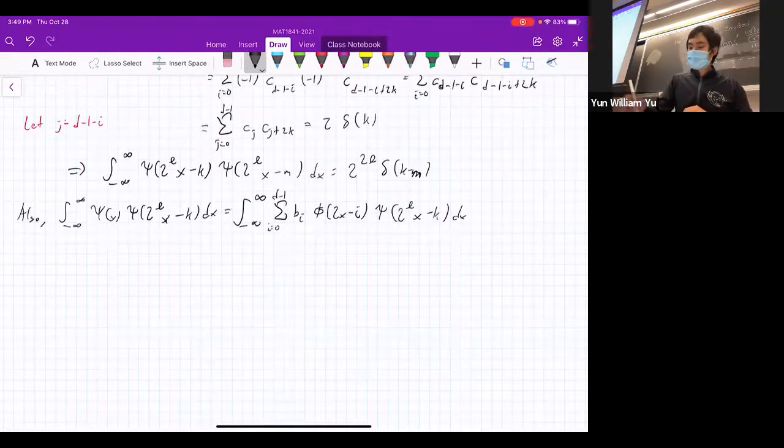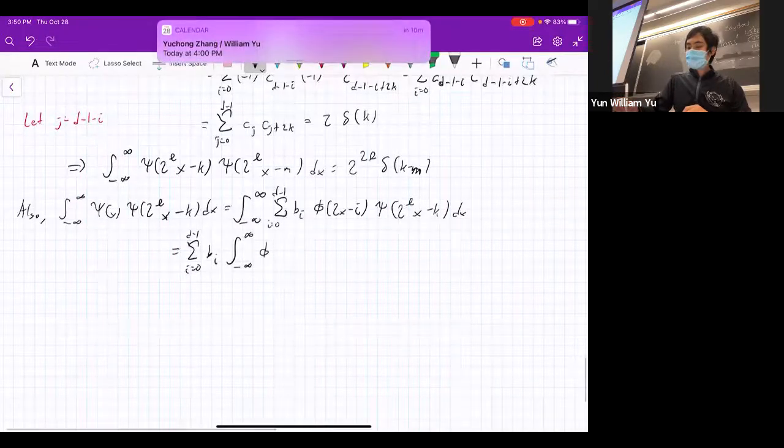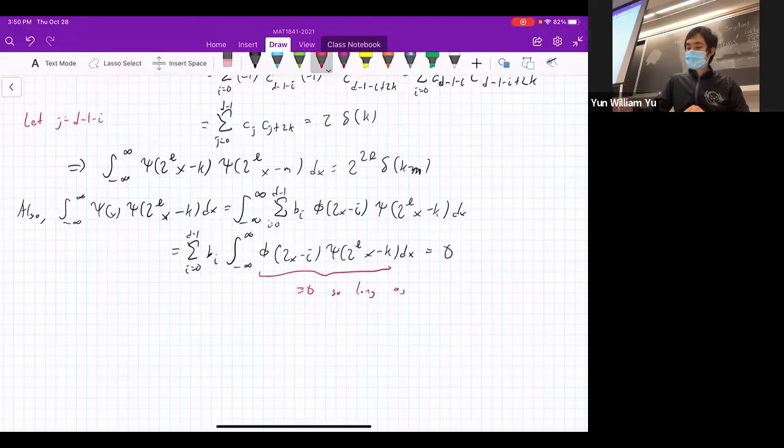So this is then equal to the summation from i equals 0 to d minus 1 of b_i times the integral from minus infinity to infinity of phi(2x - i) and psi(2^L x - k) dx, which is equal to 0 because this thing is equal to 0 so long as L is greater than or equal to 1. And that completes our proof.